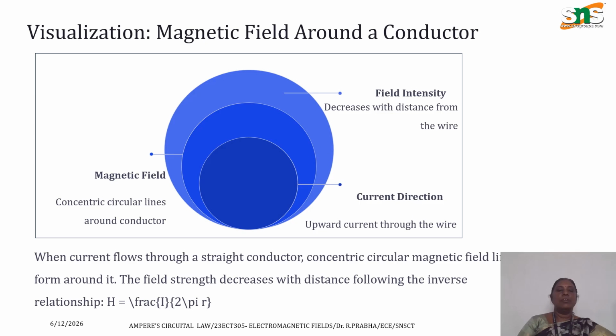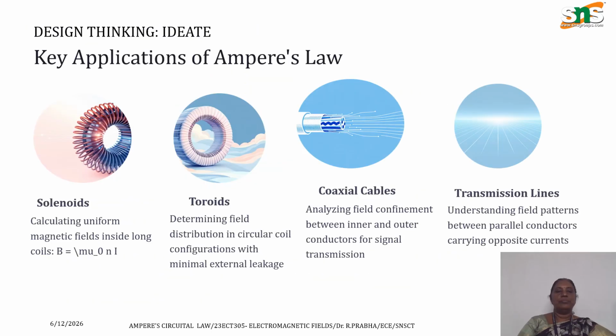So the field intensity is inversely proportional to the distance. When the current flows through a straight conductor, a concentric circular magnetic field forms around it, and it is given by the expression H is equal to I divided by 2 pi r.